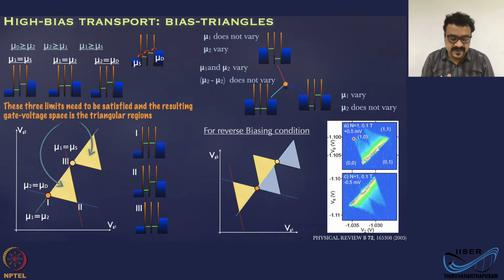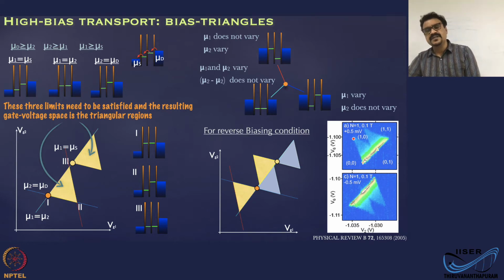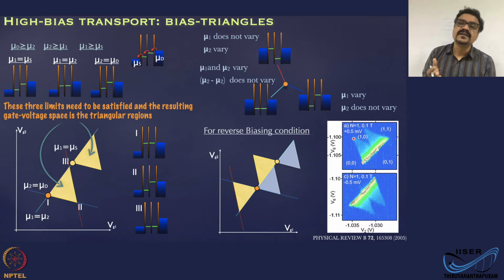And these are represented by these energy level diagrams here. These are 3 equalities. We also learned that the directions in the charge stability diagram for a double dot represent certain energy level alignment with either the source or the drain or each other.